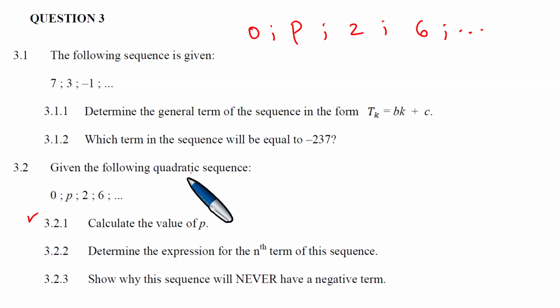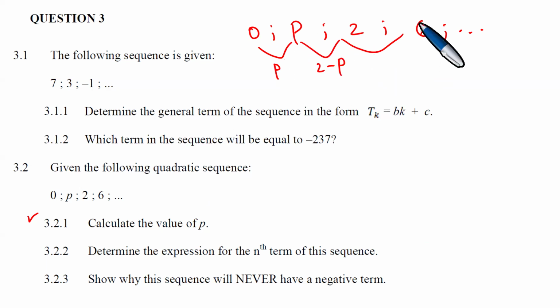Okay, that's easy because it's quadratic, so you must find the differences. So you say p minus 0, which is p. 2 minus p. 6 minus 2, what is 6 minus 2? It's 4. And then you find the difference here. You have 2 minus p, then 4 minus 2, which is 2.